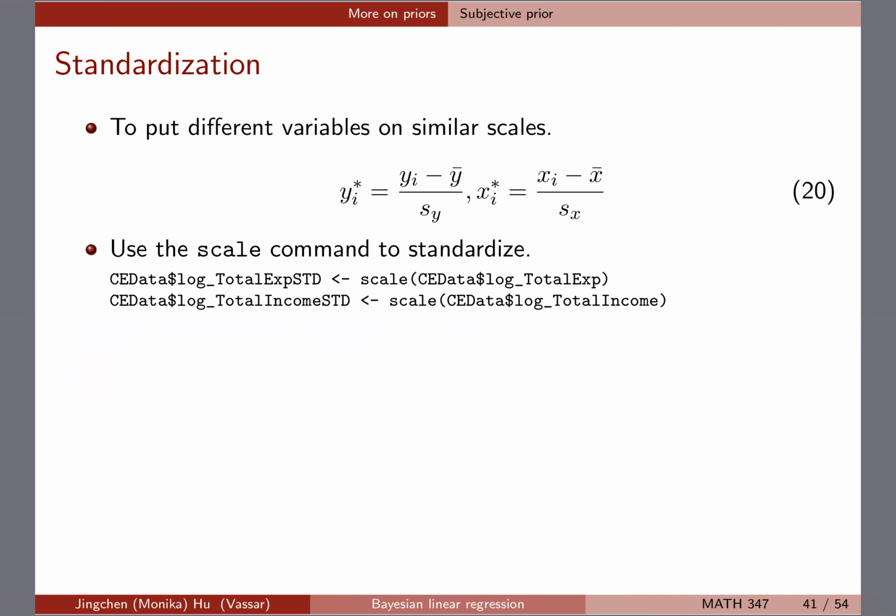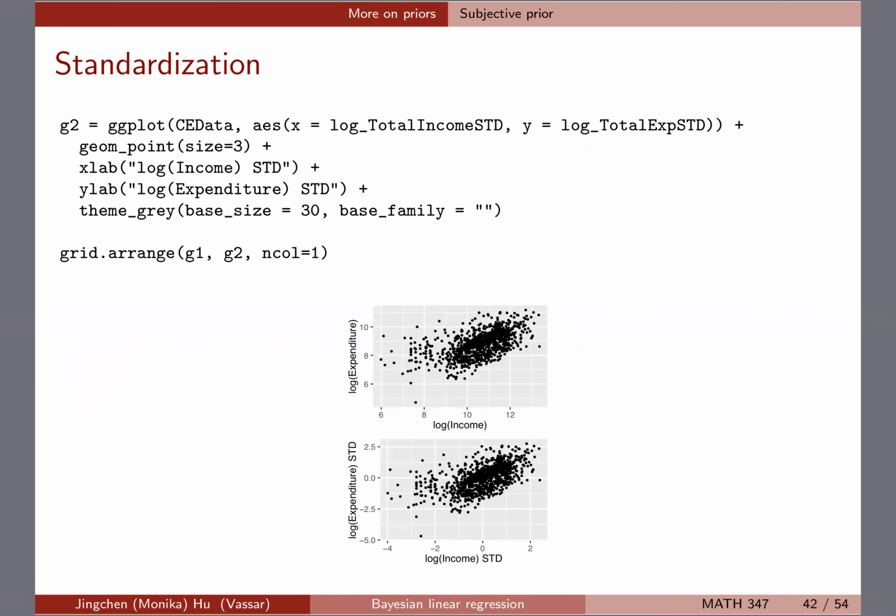In R, you can use the scale command to do the standardization. What I did is I just created a new variable with std, which stands for standardized, at the end. So I have two more columns now in my data: the standardized log total expenditure and the standardized log total income. Let me show you that when you do standardization and plot them, the shape doesn't change at all.